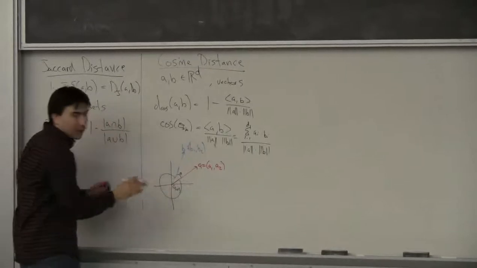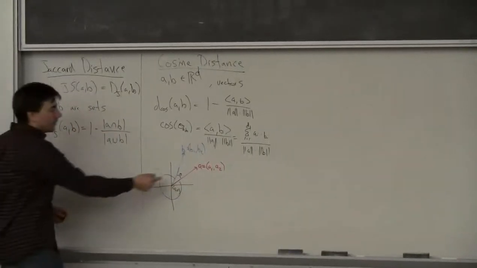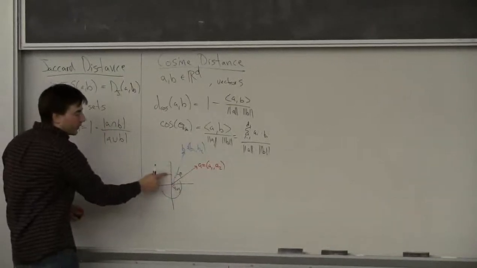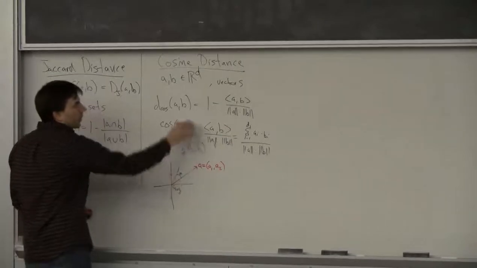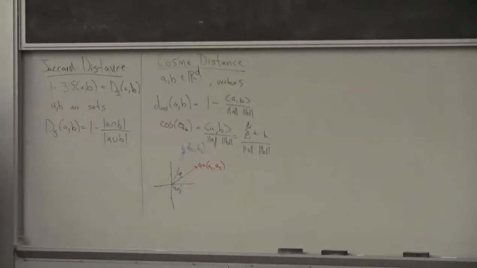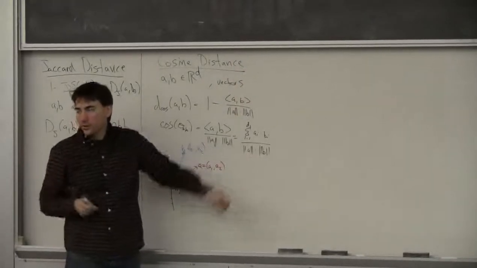If I took that angle, it might end up being the negative cosine of that angle, right? But I'm always taking the smallest angle, so it's always going to be between 0 and 1. So this non-negativity property is going to be fine. Then there's the symmetry property. Everything about this is symmetric in A and B, right? So this is going to be fine.